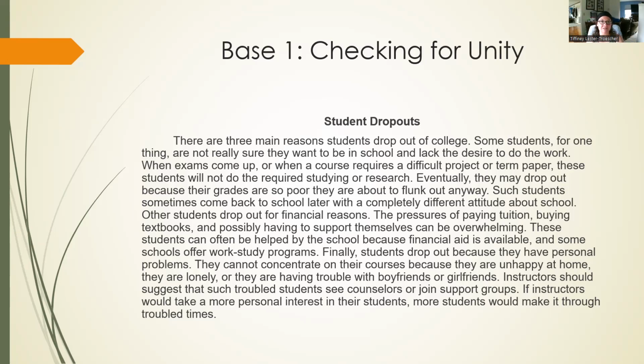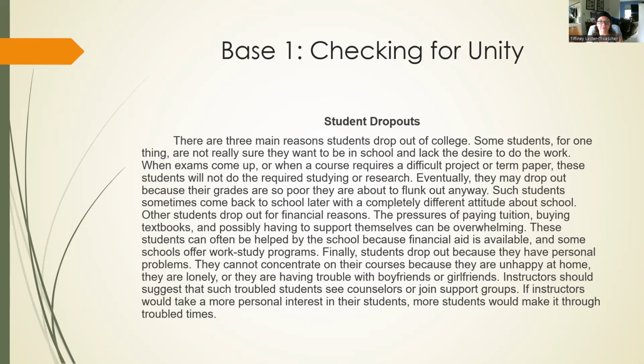I do at least know that this paragraph should be telling me about those 3 main reasons that students drop out of college. So we're okay on the topic sentence. Now let's check the rest of the paragraph to see if it sticks to that point, or if there's anything in the paragraph that kind of meanders off.